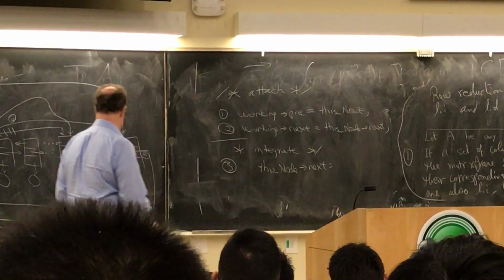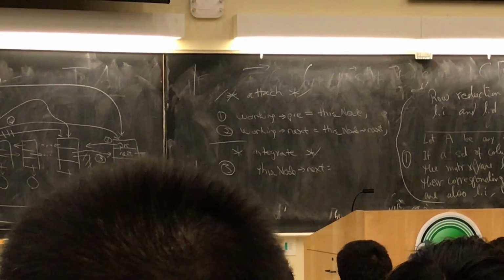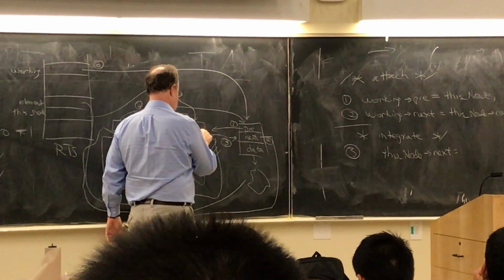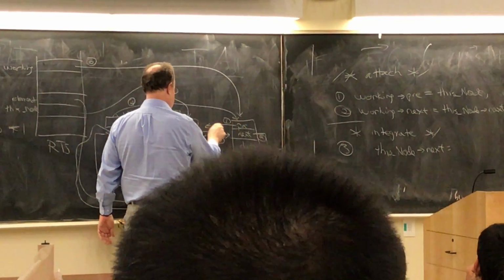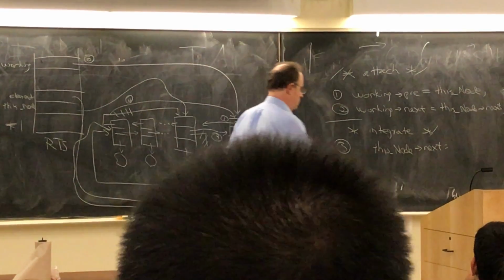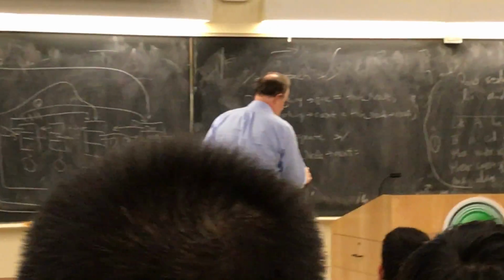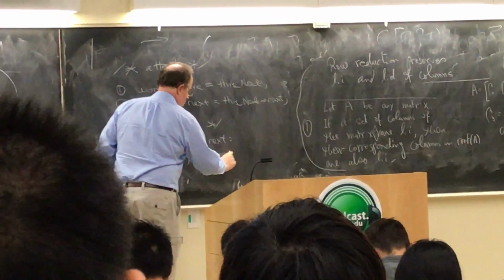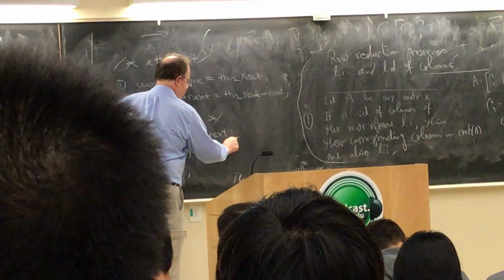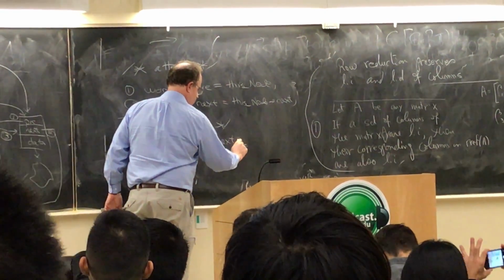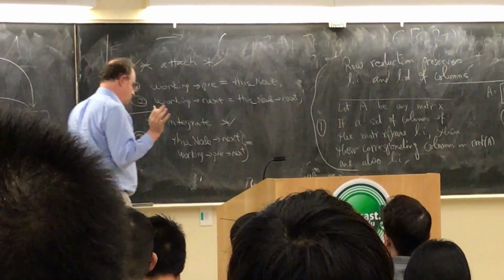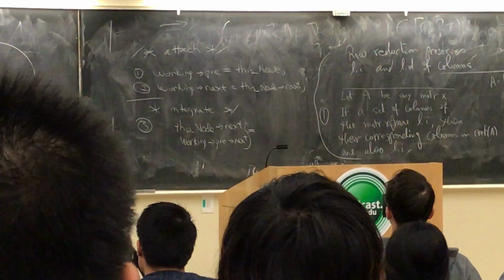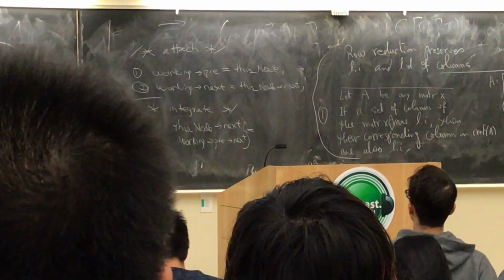What else could it have been? Working arrow pre, working arrow pre arrow next. So you can pick one of those 2, and that's going to be equal whichever one you want. It's the same. And where does this thing point? It points to this node, which is called what? Working.